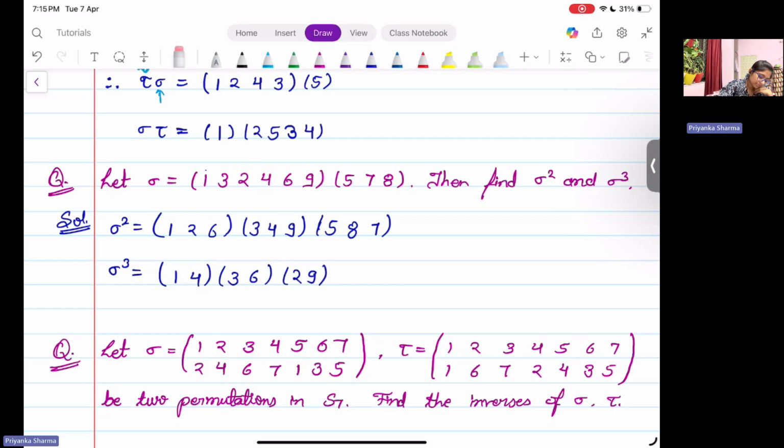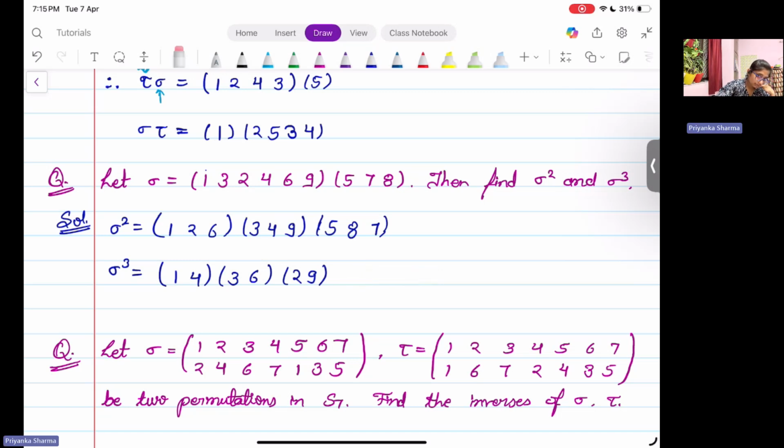What about the second cycle? So, see, after 5, this is the first element, this is the second element, and this is the third element in the cycle. So 5 will be mapped onto 5 itself. Similarly, 8 and 7. Okay, wait.